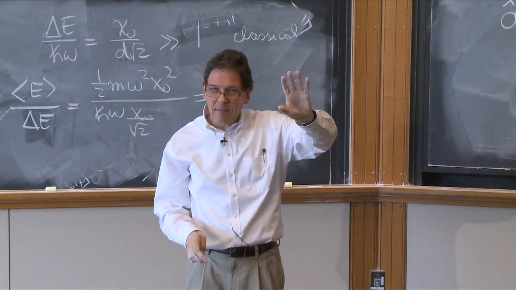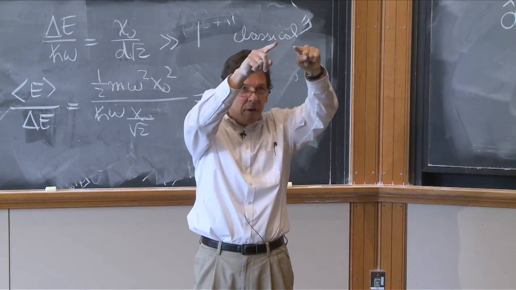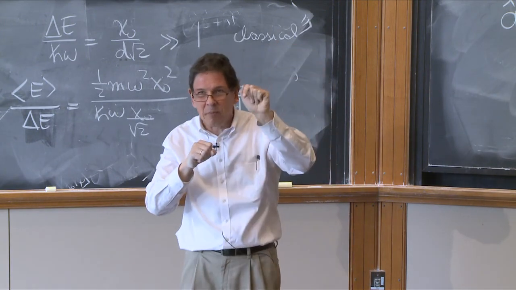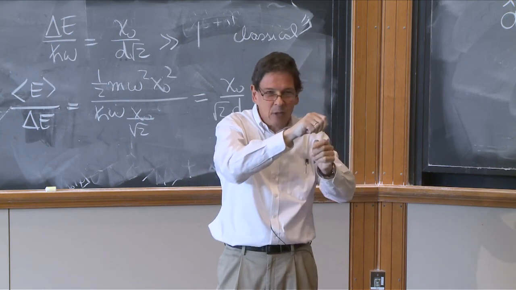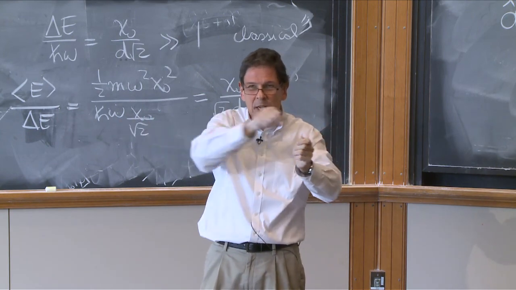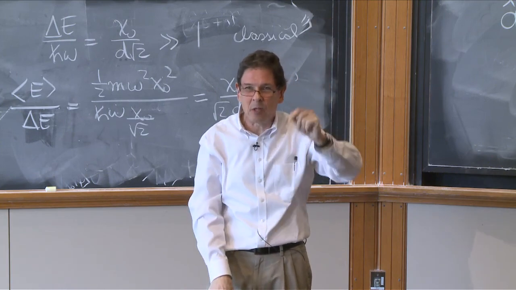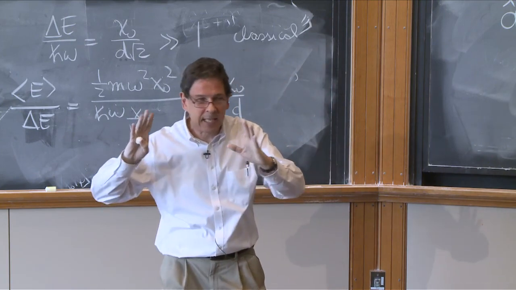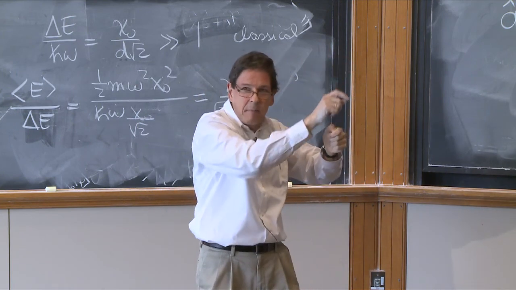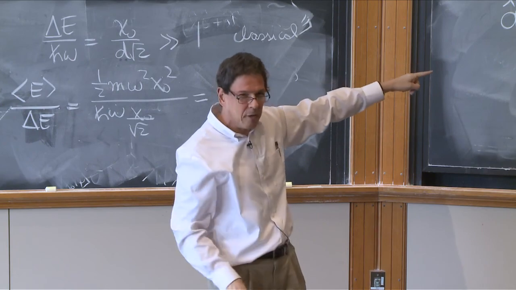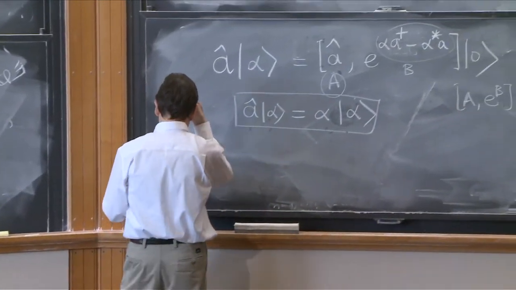A complex alpha gives the original coherent state some momentum. Remember, the original state that we had was at x0, and how did it move? x0 cosine of omega t. So at time equals 0, it had 0 momentum. This creates a coherent state at x0, and it gives it a momentum controlled by the imaginary part of this thing. In fact, we can do this as follows.